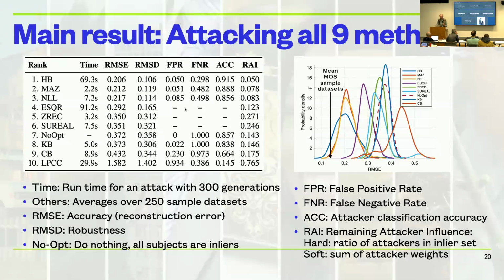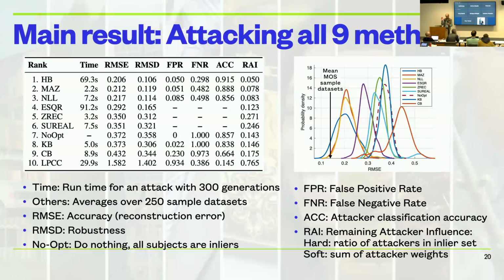FPR is the false positive rate. So this is the rate of wrongly detected outliers in the group of ordinary authentic subjects. And you can now see 93% of the subjects were rejected by the LPCC method. So the attack was forcing the authentic subjects out of the pool.